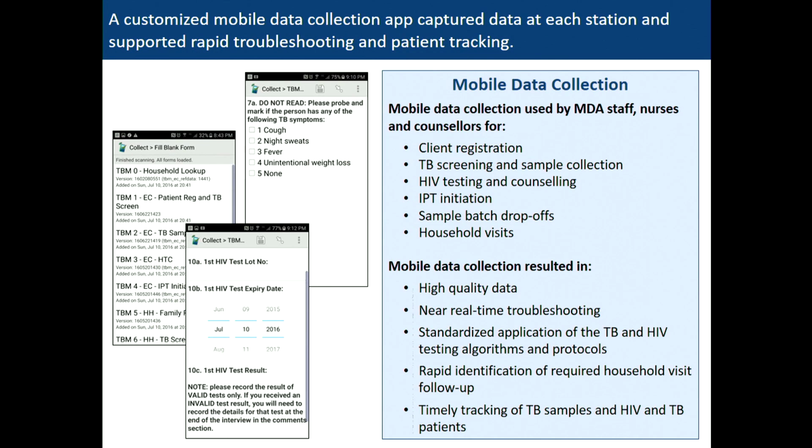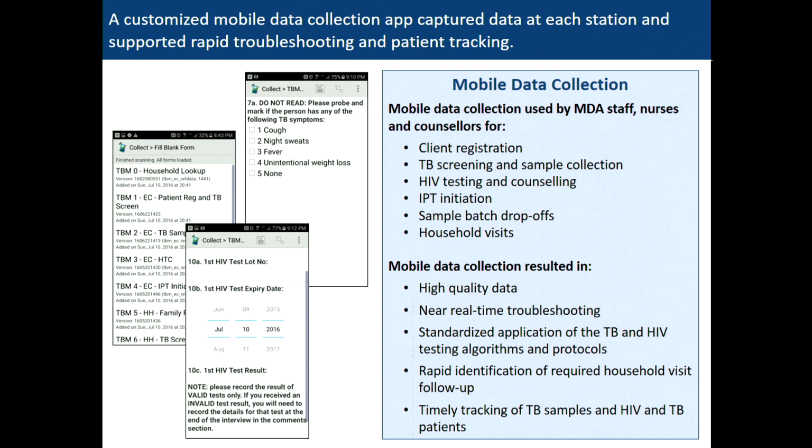The second aspect that I wanted to highlight is the mHealth aspect, and one major point here is that when you're working at the community level, especially providing screening and testing services to large numbers of people, we found that having electronic data was key to being able to troubleshoot readily and do some course correcting. This mobile data collection resulted in high quality data, with the troubleshooting, as I said.